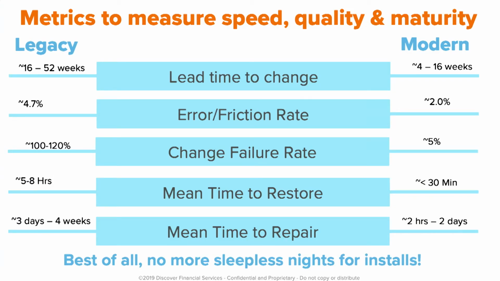We measure three things: speed, quality, and also our DevOps maturity. For speed, we measure lead time to change. This is from the time of product design to the product actually being released to production. For customer experience and quality, we measure the error and friction rate the customer had when they come to engage us online.